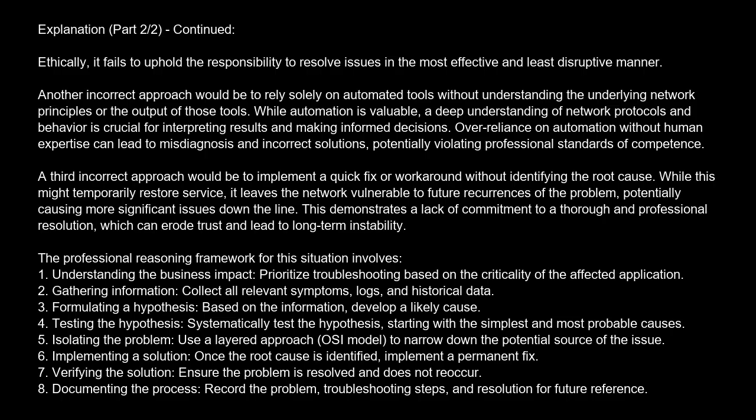Isolating the problem. Use a layered approach, OSI model, to narrow down the potential source of the issue. 6. Implementing a solution. Once the root cause is identified, implement a permanent fix. 7. Verifying the solution. Ensure the problem is resolved and does not recur. 8. Documenting the process. Record the problem, troubleshooting steps, and resolution for future reference.